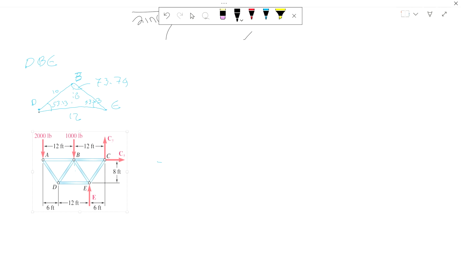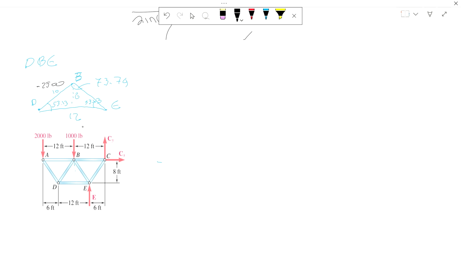So in this case, we're gonna get the opposite, which is 2500. All right, we're gonna get the opposite side.